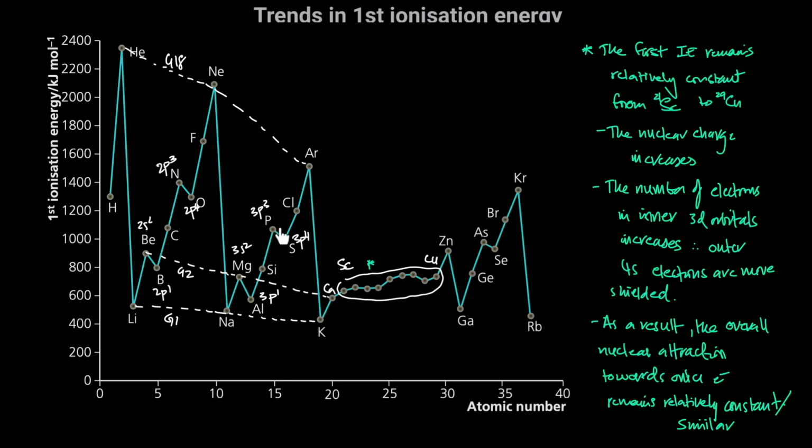From group 15 to group 16, the spin pair repulsion in the p orbital of group 16 elements means that first ionization energy decreases, and this outweighs the increase in nuclear charge. And then across the d block, from scandium to copper, we don't see a decrease or a very obvious increasing trend. We see that it remains relatively constant, and here the shielding and the nuclear charge balance each other out or cancel each other out.